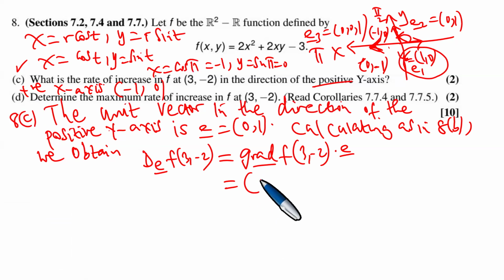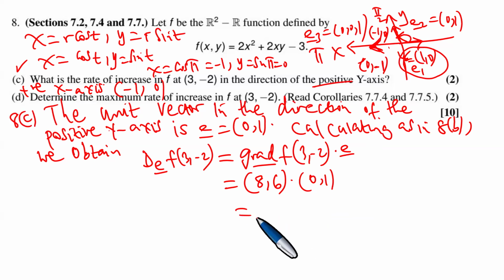Right, so what is the gradient of this? The gradient is going to be 8, 6. We got the gradient before, in the first question. So in part c, we have 8x, but now for the positive y-axis we've seen that it's 0, 1.